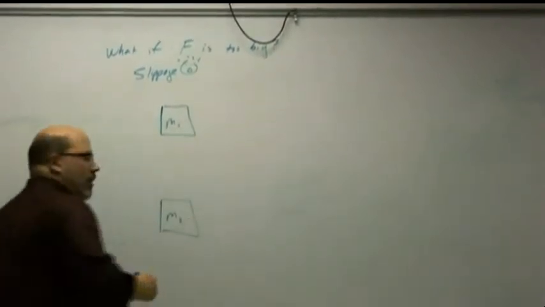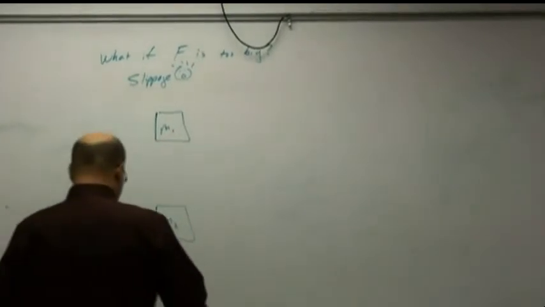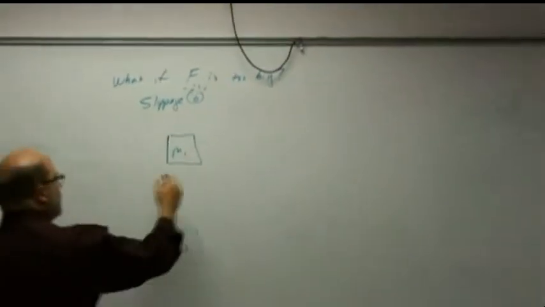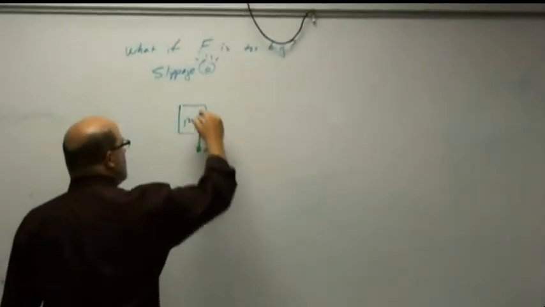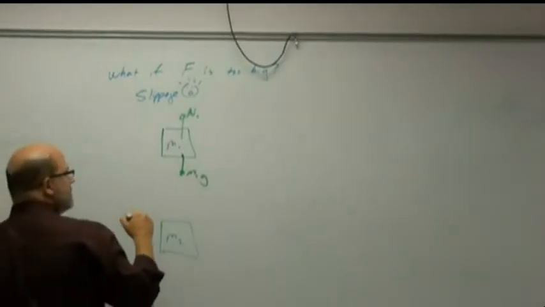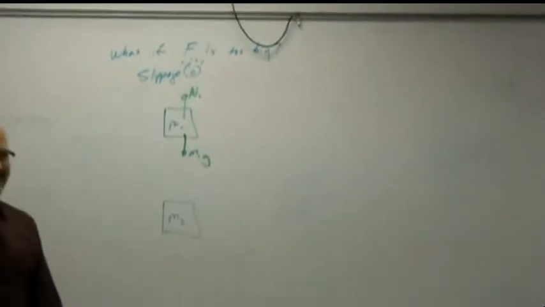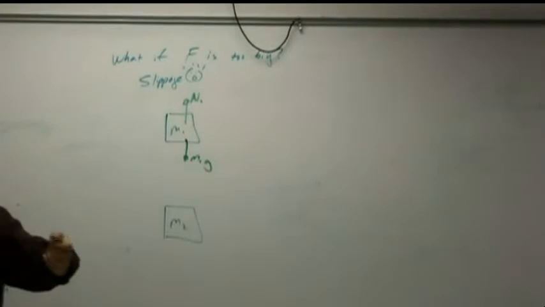Okay, what are all the forces on M1? We got an M1 G, we got our normal force N1. What else? Friction to the right. Friction which way? To the left. Really? Oh, wait, to the right. A lot of times they'll say it's to the left, but it's not.